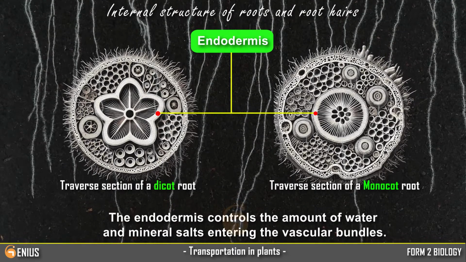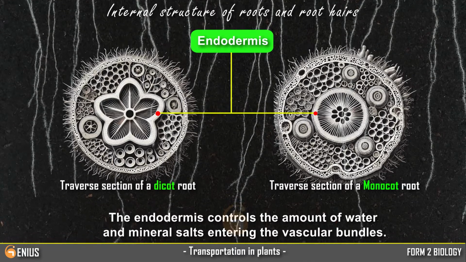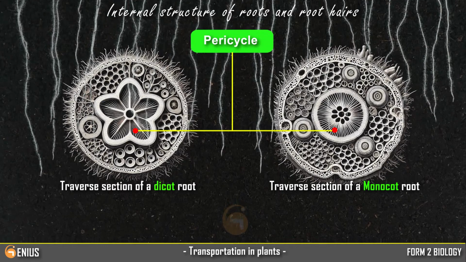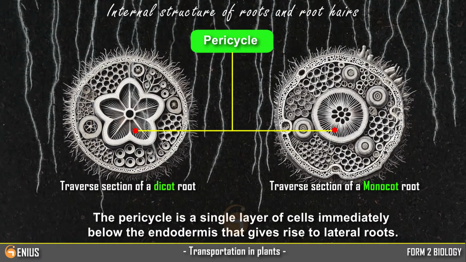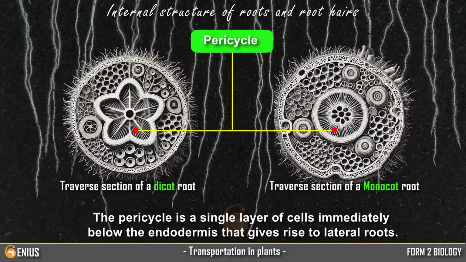The endodermis controls the amount of water and mineral salts entering the vascular bundles. Pericycle. The pericycle is a single layer of cells immediately below the endodermis that gives rise to lateral roots.